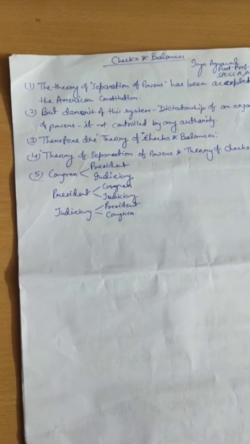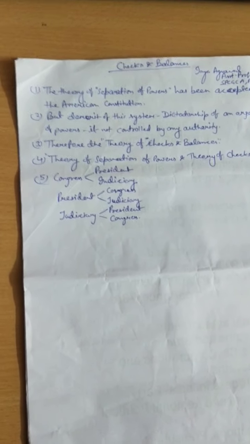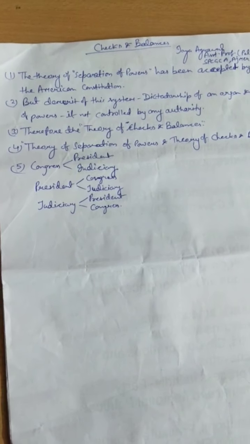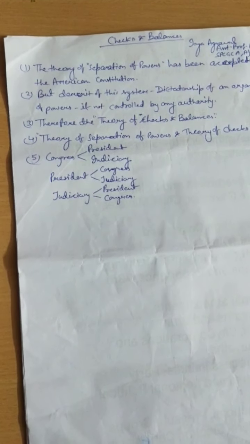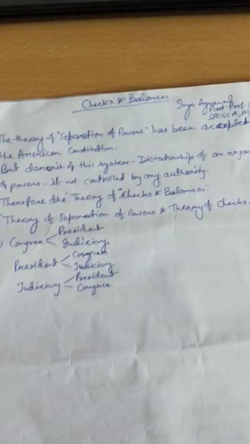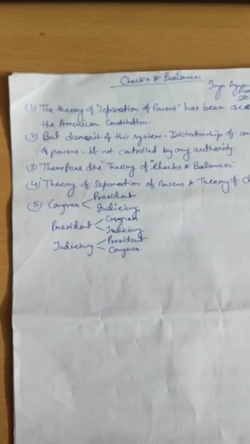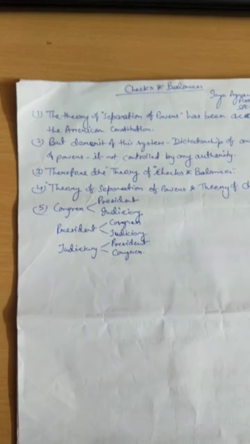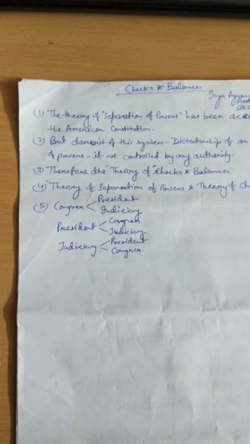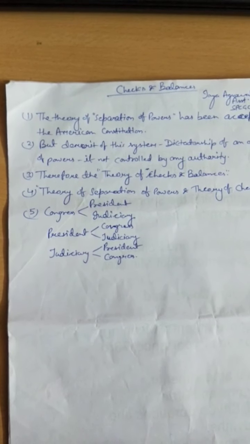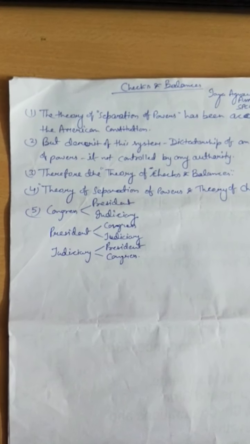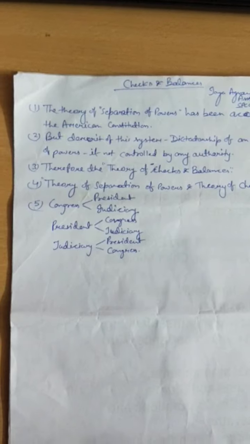It can also be said that they will have no right over what the other organ is doing or not doing, and in what manner. Therefore the theory of checks and balances comes in to control every organ, to keep them restricted, so that they fulfill their duties and don't become a dictator.